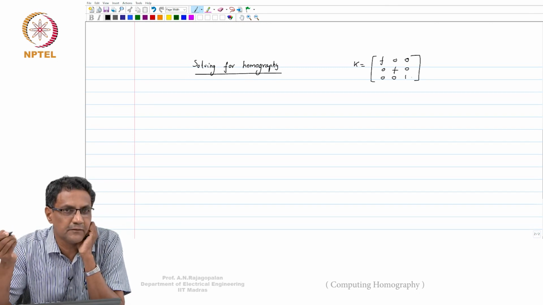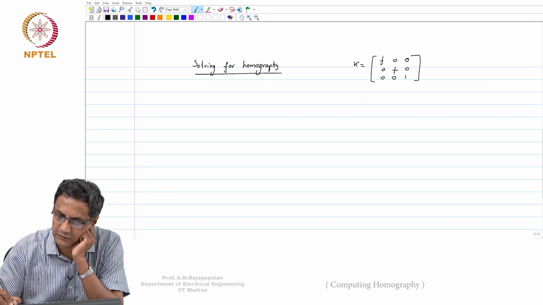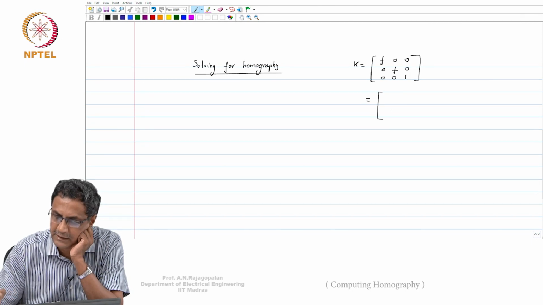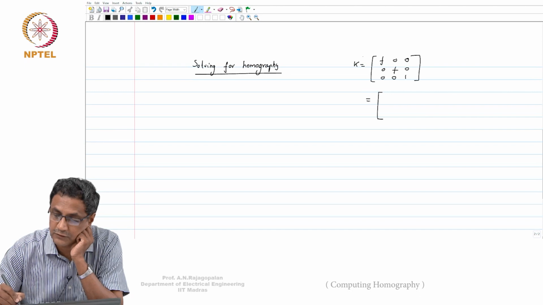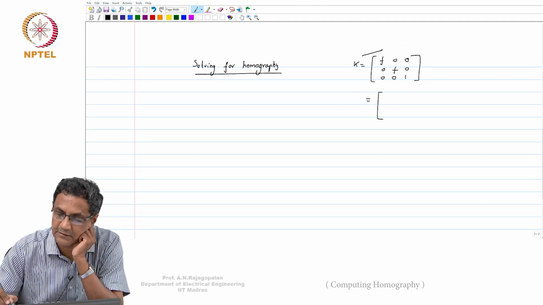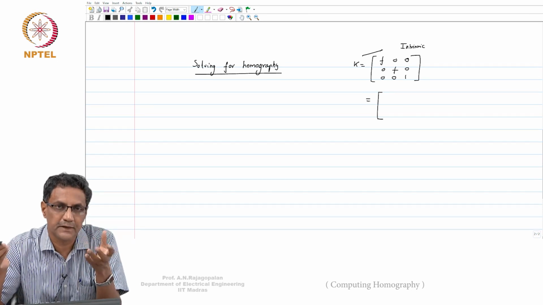This is actually a very, very simple situation. Normally the way this K looks like, the real intrinsic camera parameter matrix, this one, is called the intrinsic camera matrix. Intrinsic, because it's intrinsic to that camera, it stays unchanged.